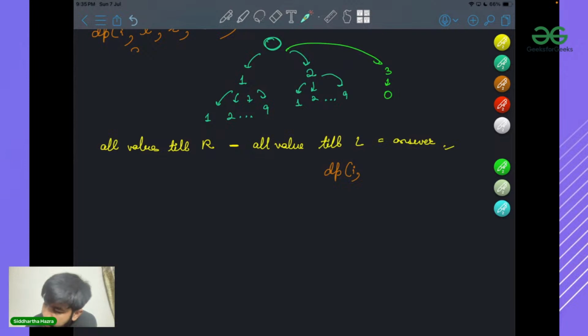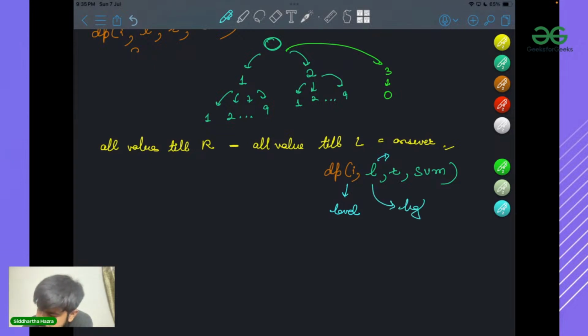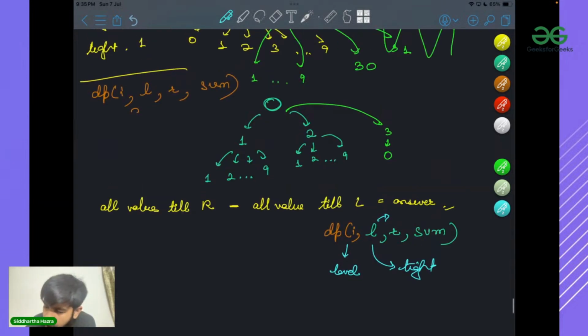Then we have tight from L, tight from R, and here the sum. Now what do L and R indicate? The level indicates where we currently are. L indicates the tight, whether we need to respect it or not.